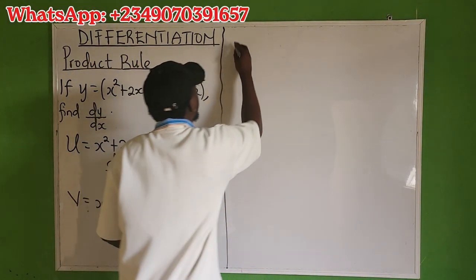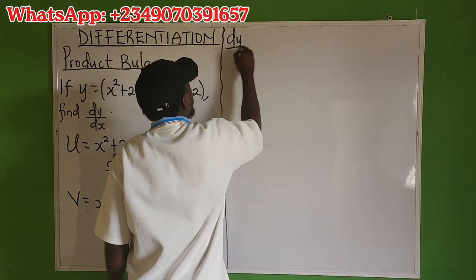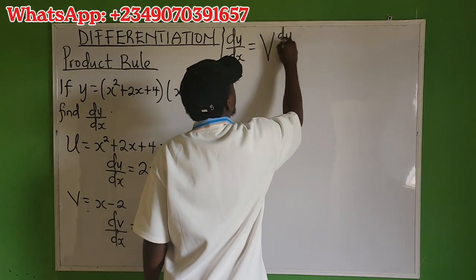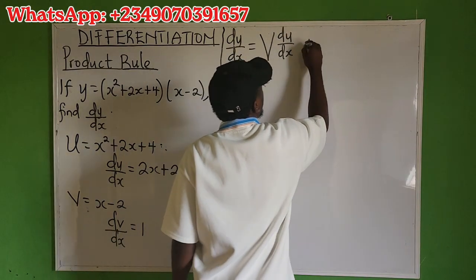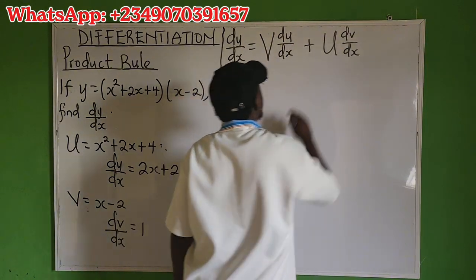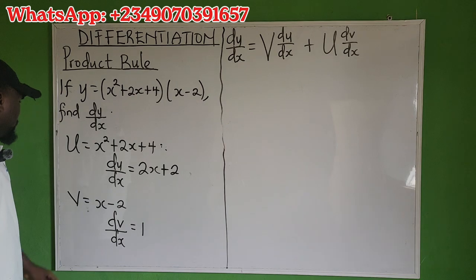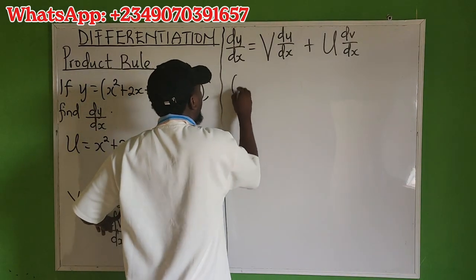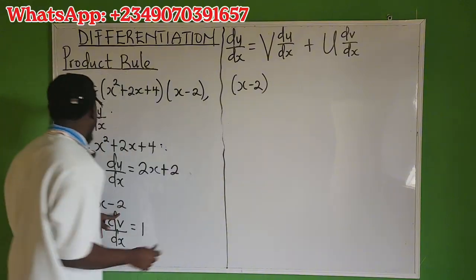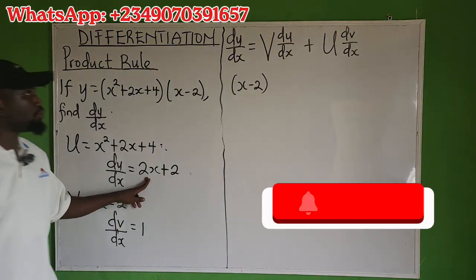So the next thing is dy over dx. Writing the formula, it is equal to v du over dx plus u dv over dx. And what is the value for v? V is x minus 2. So we have x minus 2 multiplied by du over dx. Du over dx is 2x plus 2.